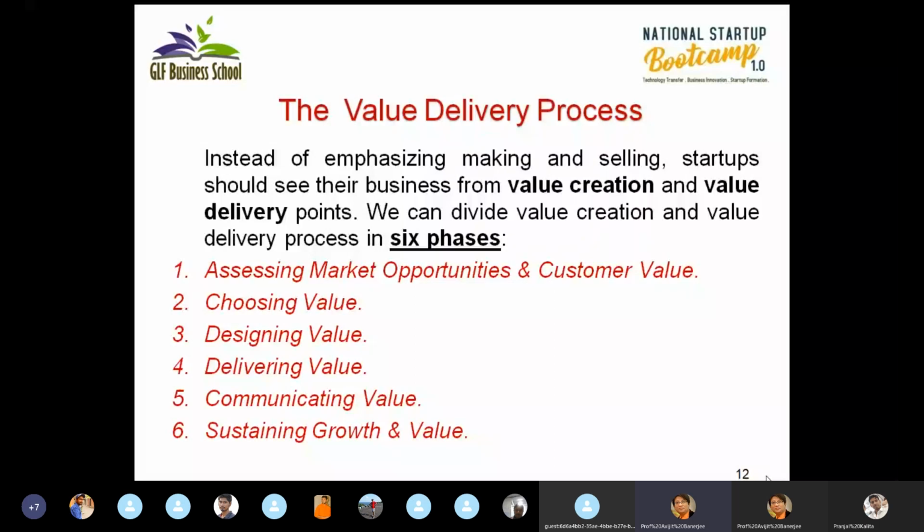The traditional view of marketing is that the firm makes something and then sells it, with marketing taking place in the selling process.